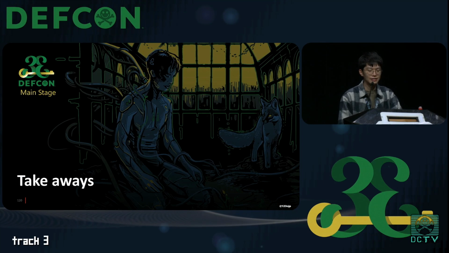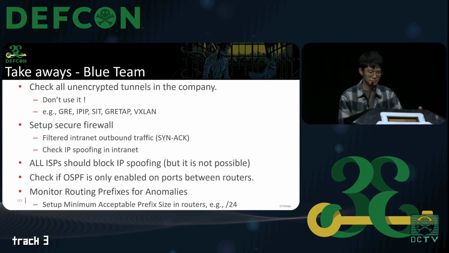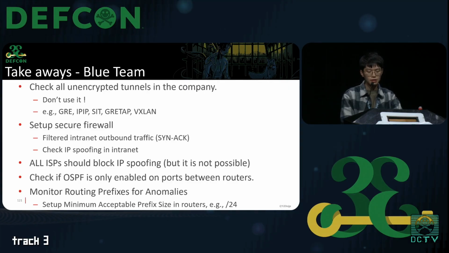Last, there are some key takeaways. Here are the key takeaways for the Blue Team. First, check all unencrypted tunnels in your company's network. If you find any, don't use them. This includes protocols like GRE, IPIP, SIT, GRETAP, and VXLAN. These tunnels are not secure and can be abused by attackers.